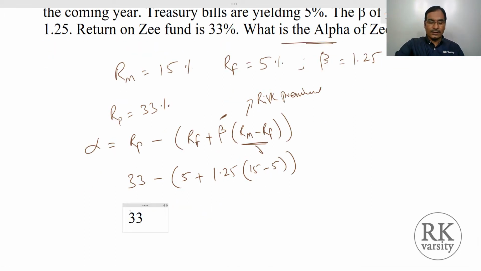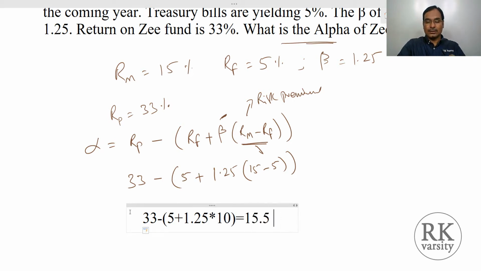Let us take the values here. 33 minus 5 plus beta is 1.25 times 15 minus 5 is 10%.